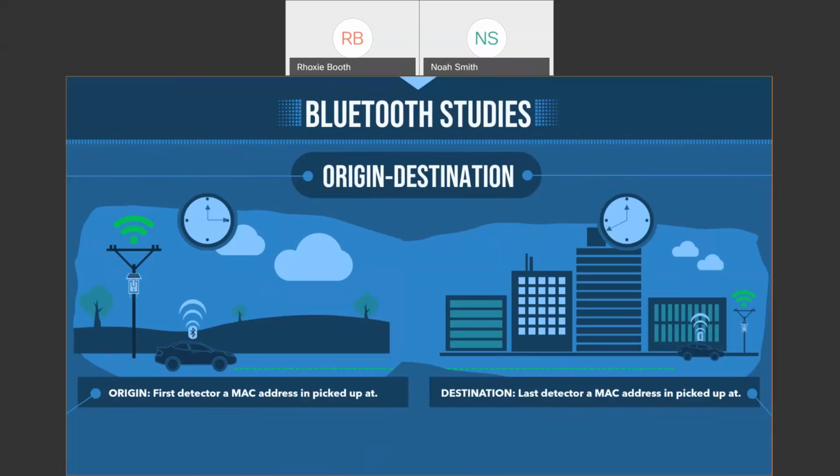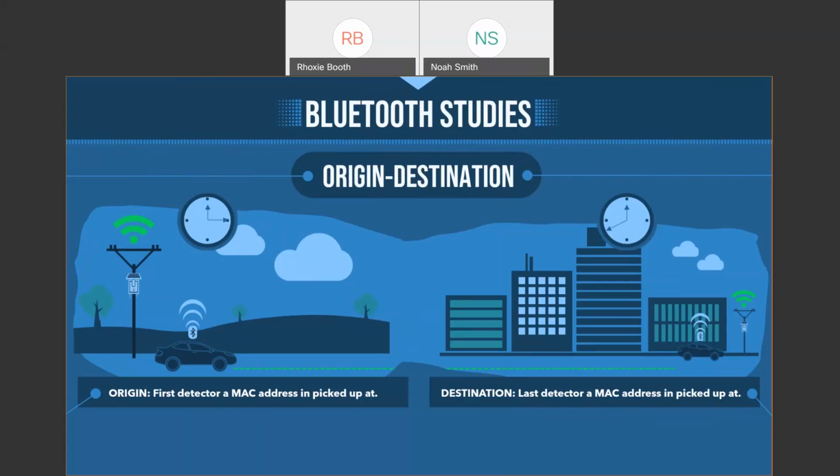And then the destination is going to display as the last detector that a MAC address is picked up at. And it's important to note that, if you have 5 different detectors, the first and last, it doesn't matter if they hit every other detector in between or if they just go straight from one to the other and that's it. The origin and destination are what you're going to get displayed.